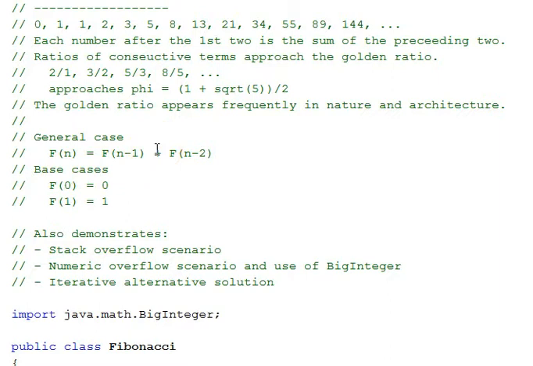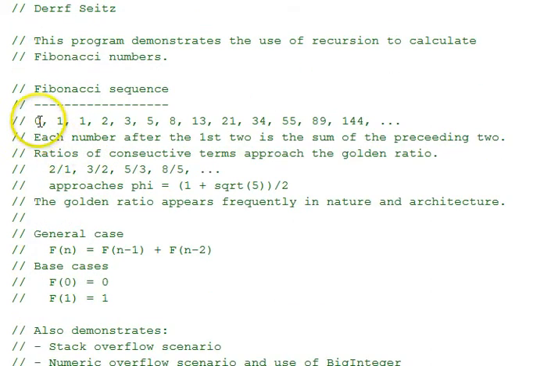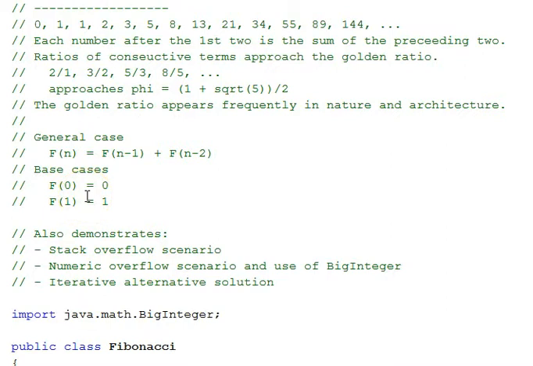That will cause the call stack to have very large growth, and we will not even be able to run it for very large values of n because the call stack usage and the processor usage becomes so large that it's just slow, and you don't want to run it like that. Base cases, we know that the index 0 and index 1 are 0 and 1. So those are two base cases that we'll use here.